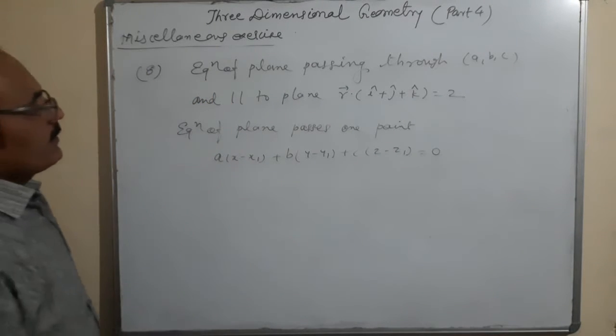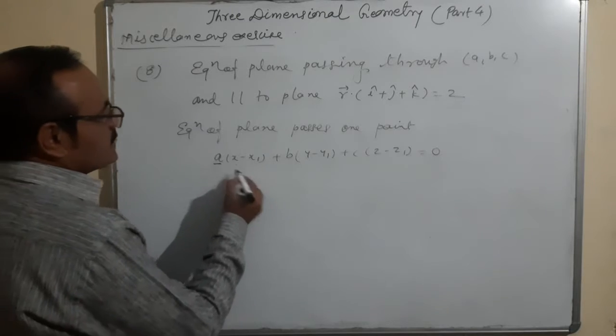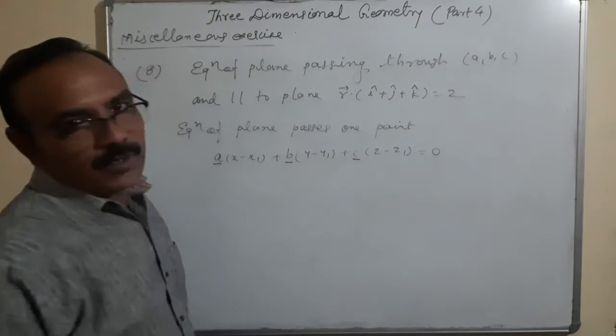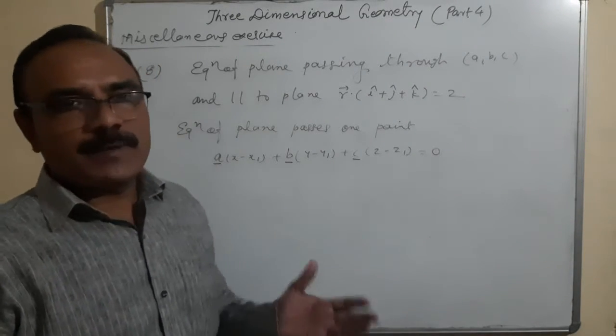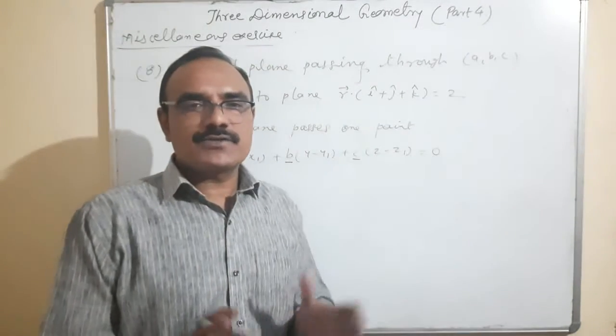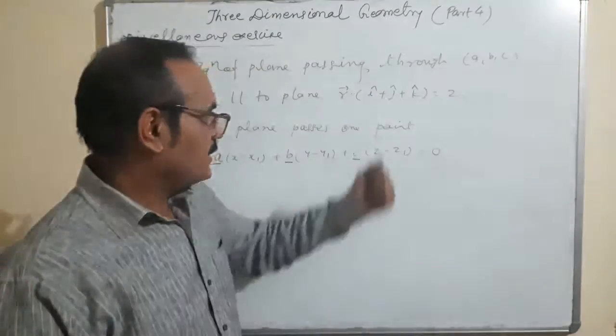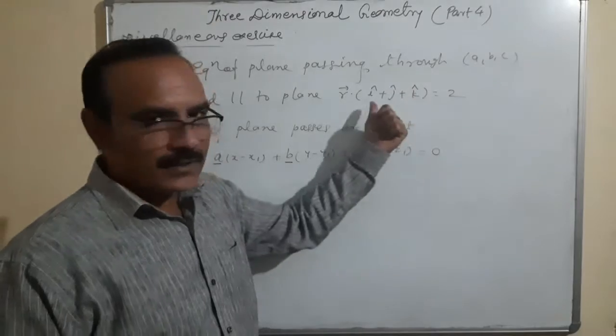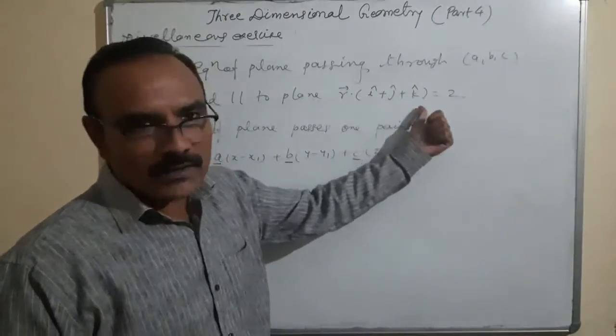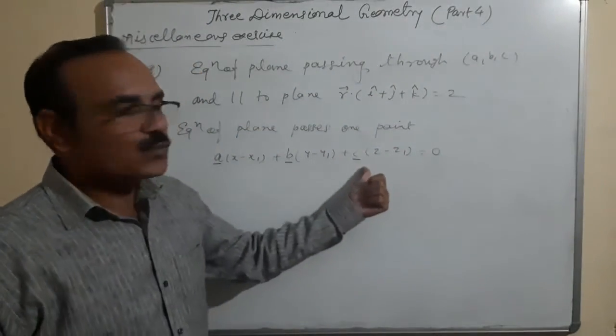Because a, b, c are the direction ratios of the normal of the plane, and both planes are parallel, the direction ratios of the normal of both planes are the same. So here the direction ratio of the normal of this plane is 1, 1 and 1. So when I put a, b, c, it is 1, 1, 1.